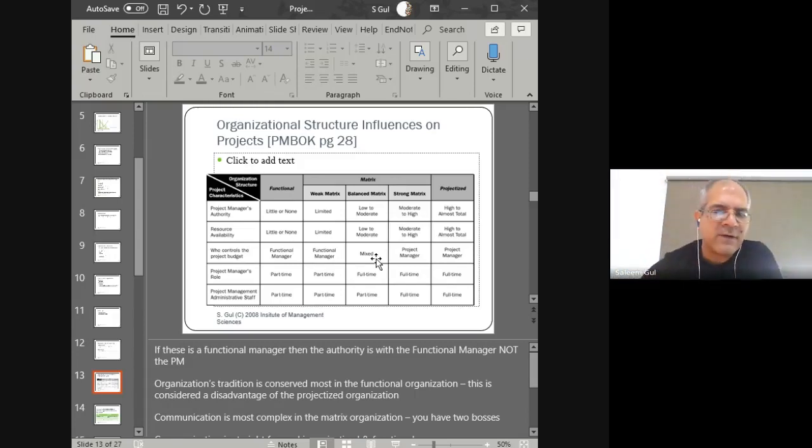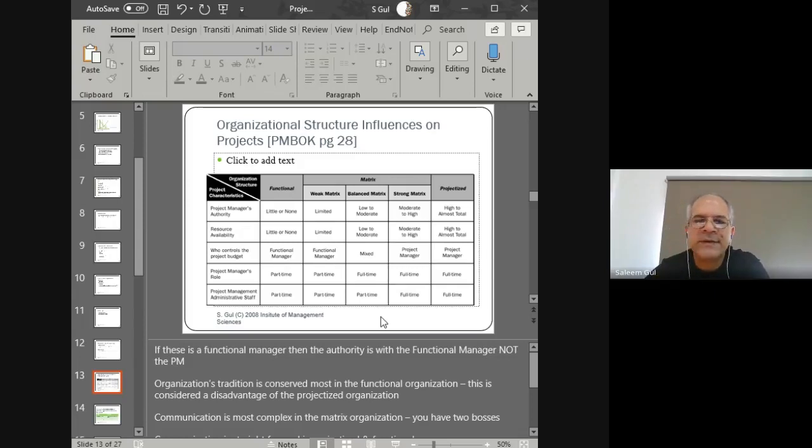So the authority level of the budget becomes mixed in the sense that the sponsor is still the main person controlling that budget, but the project manager has now more control over it. And the project manager is now full time, whereas the project management staff and administrative staff is still part time, right?